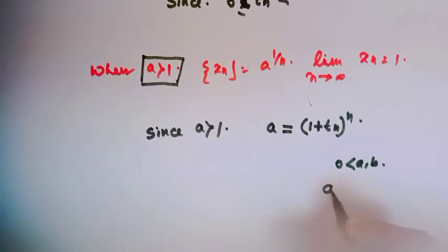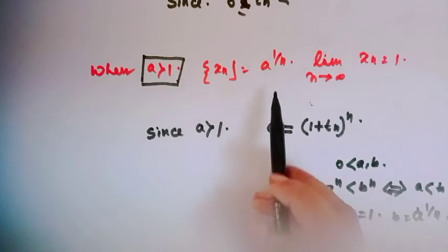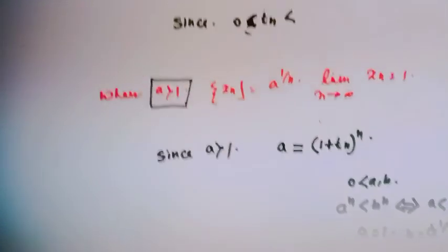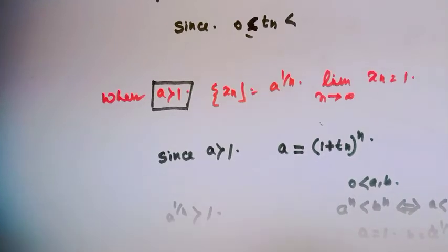then a to the power n is strictly less than b to the power n if and only if a is less than b. And if we choose a equal to 1 and b equal to a to the power 1 over n, and our given sequence is a to the power 1 over n, that means a to the power 1 over n must be greater than 1.